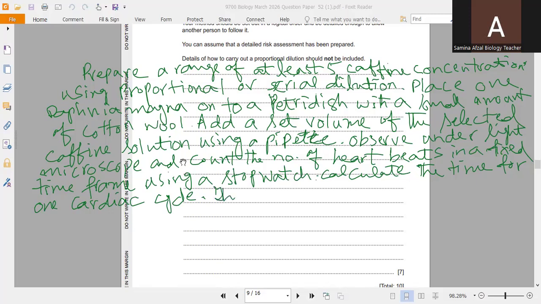The controlled variables should also be observed.